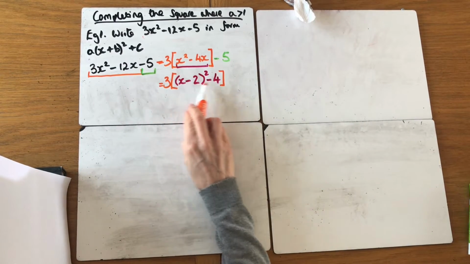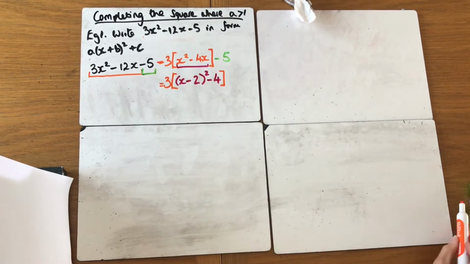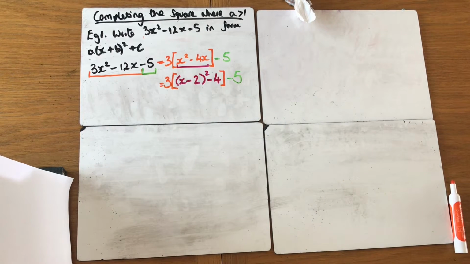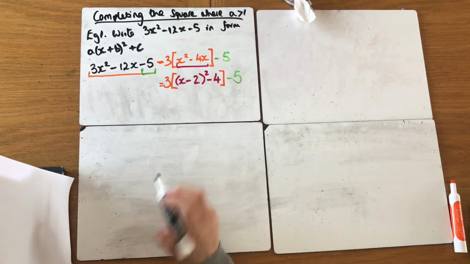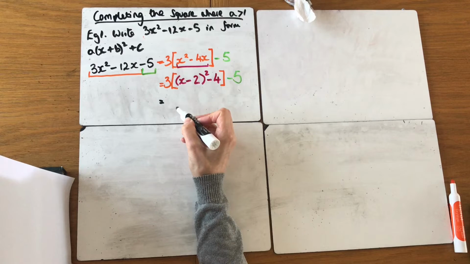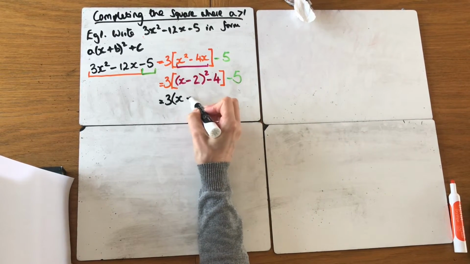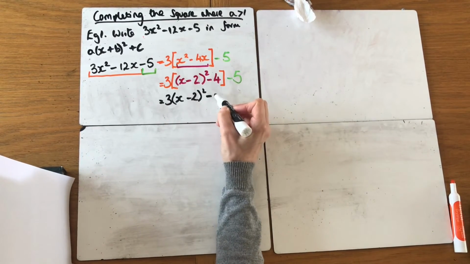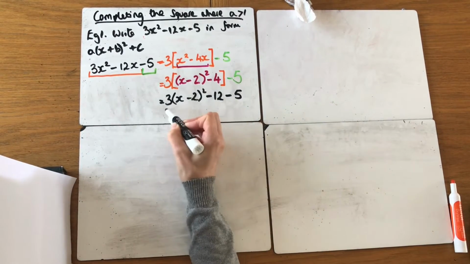So what's in pink on the second line is equivalent to what's inside the bracket underlined in pink on the first line, and I mustn't forget to pop the minus 5 back on the end. Now all I need to do is expand the orange square bracket and simplify everything. So if I expand the bracket, I need to multiply everything in the bracket by 3, so I'm left with 3 times (x minus 2) all squared, and then I've got minus 3 times the 4, which is 12, and then I've got my minus 5 on the end.